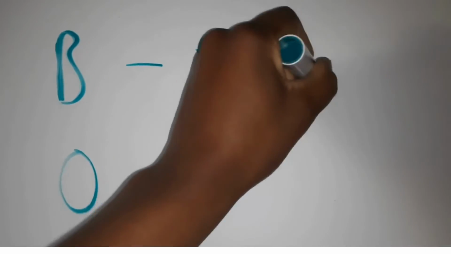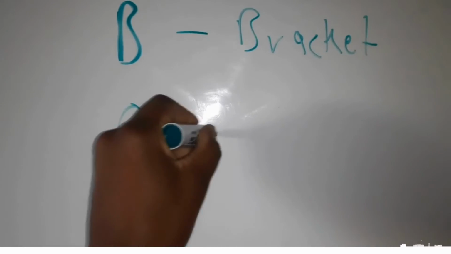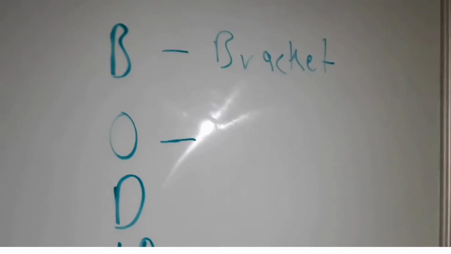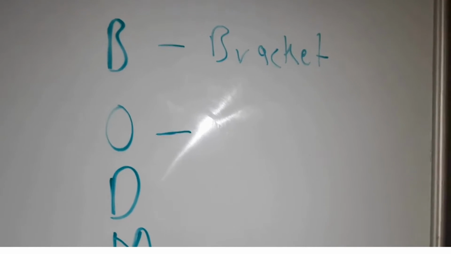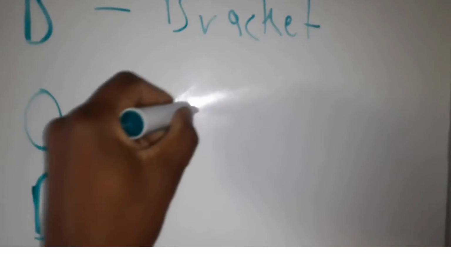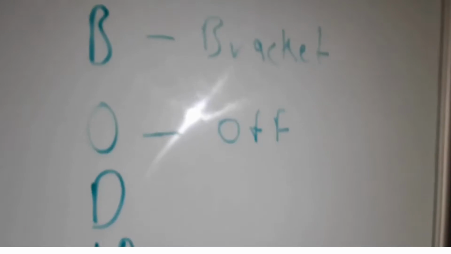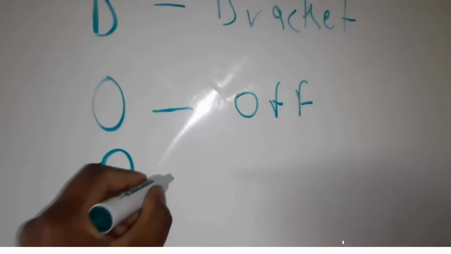So where B stands for bracket. After bracket, it's a set of rules on how to calculate values in maths. So it stands for bracket. Then O, it's of. And then after that, we have division.